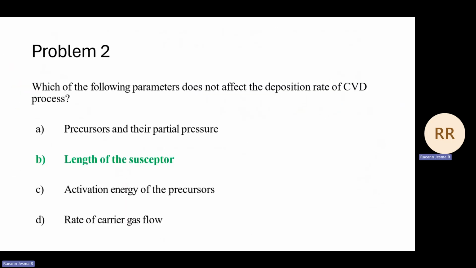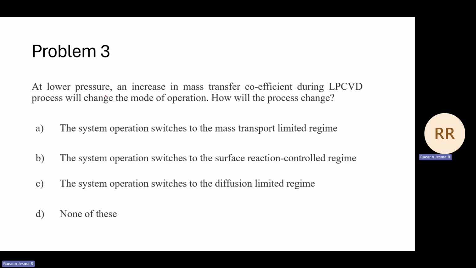So next, the answer is length of the susceptor for this question. The next one is: at lower pressure, an increase in mass transfer coefficient during LPCVD process will change the mode of operation. How will the process change? A, the system operation switches to the mass transport limited regime.